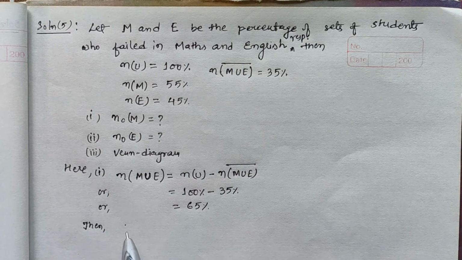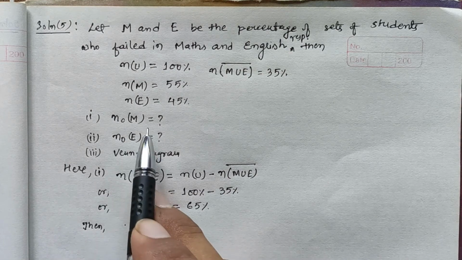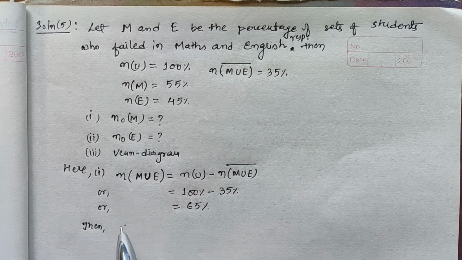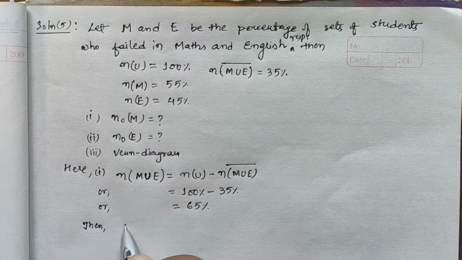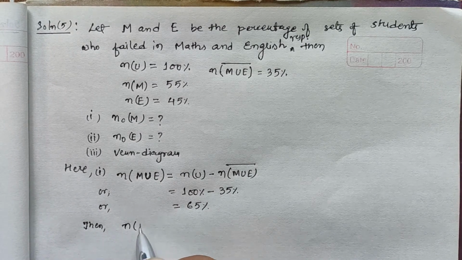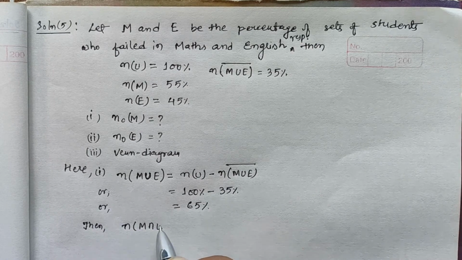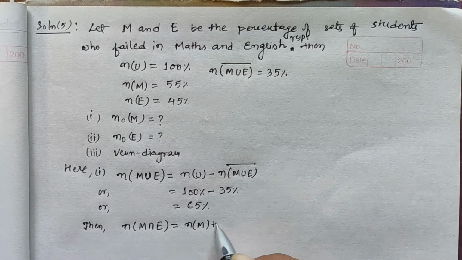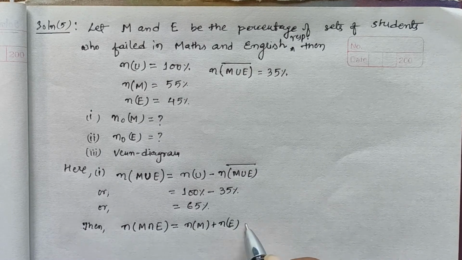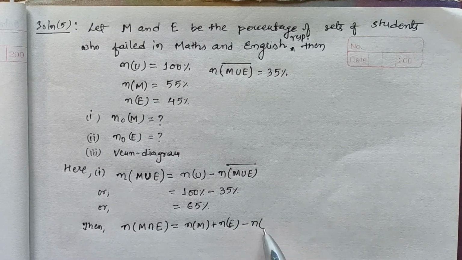Now we have to find the intersection. We cannot directly find N only M; we must have the intersection part, and only then can we get only M. So the intersection N(M intersection E) is N(M) plus N(E) minus N(M union E).